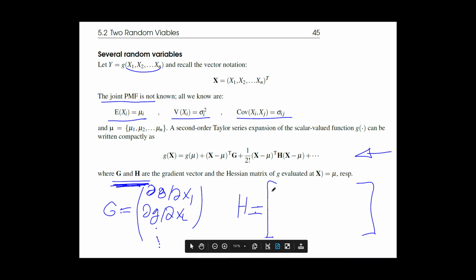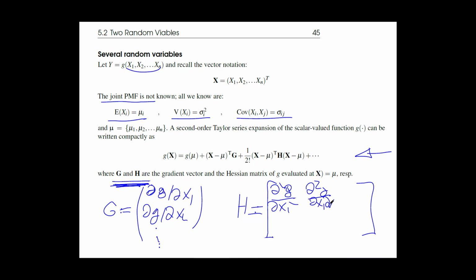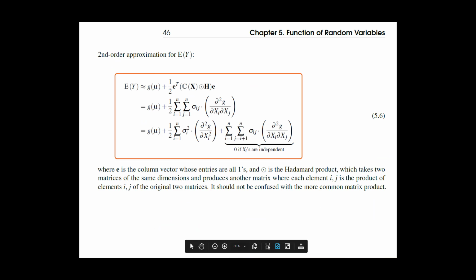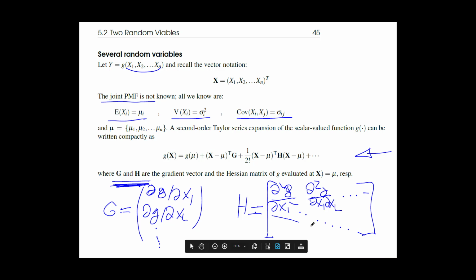Here you have d2g/dx1 squared, and right next to it is d2g/dx1dx2, etc. So on the diagonal, you're going to have all the second derivatives, and off the diagonal, you're going to have all the cross derivatives, which should be symmetric too. Sorry about the confusing notation.